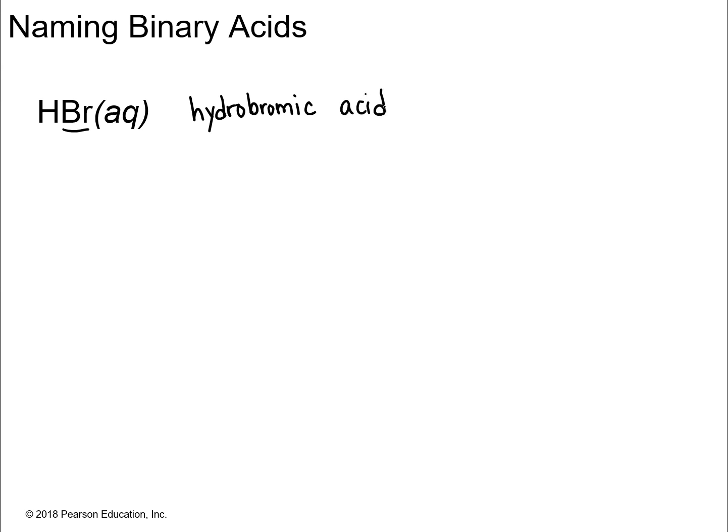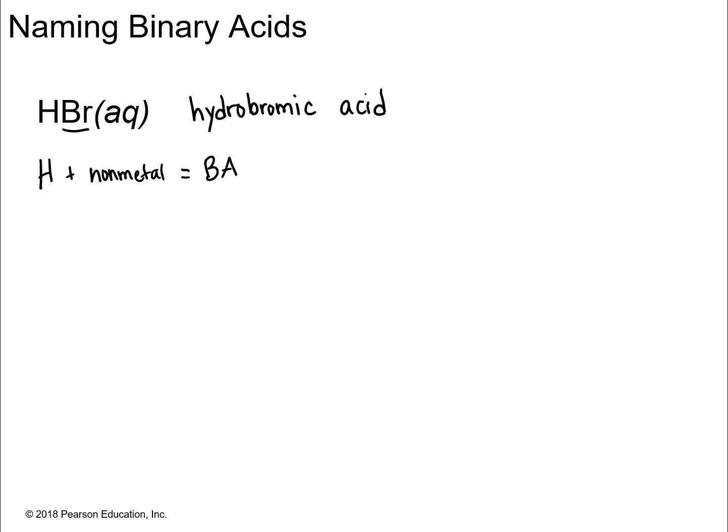Then you write acid. And again, I'll remind you, you're not going to be told that the compound is a binary acid or a binary molecular compound. It's simply going to be name this compound or write a formula for this chemical name. You're not going to be told what the classification is. So you have to remember hydrogen plus a nonmetal is a binary acid.